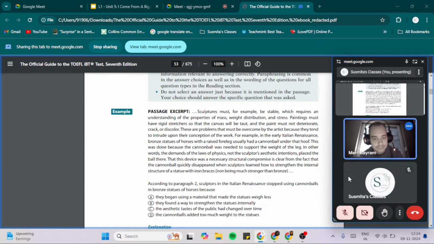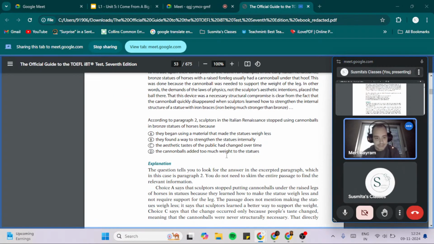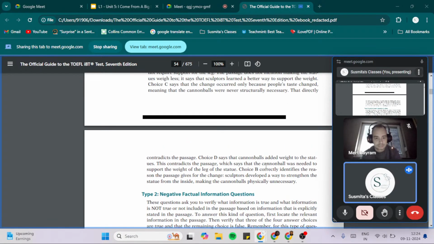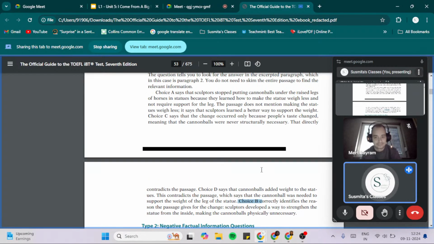It's B, I think. Okay, let's look at the options. Correct, choice B is correct. Why? They have given the explanation here: it identifies the reason the passage gives for the change.